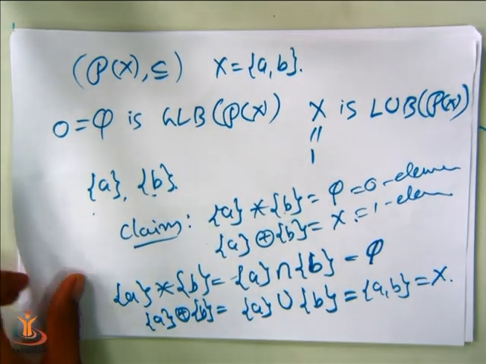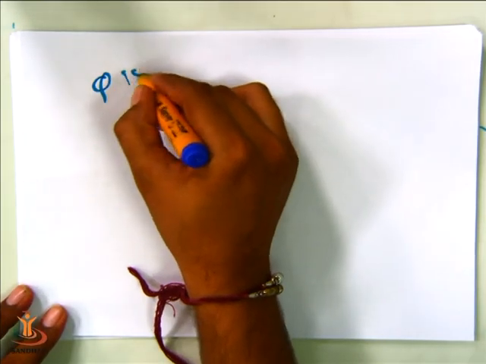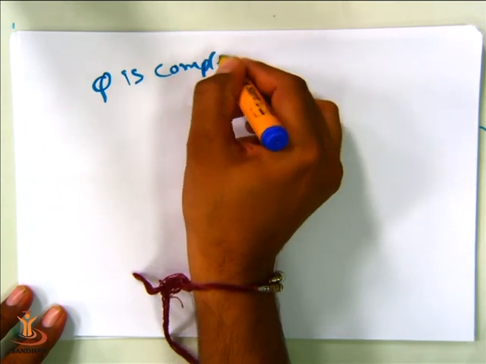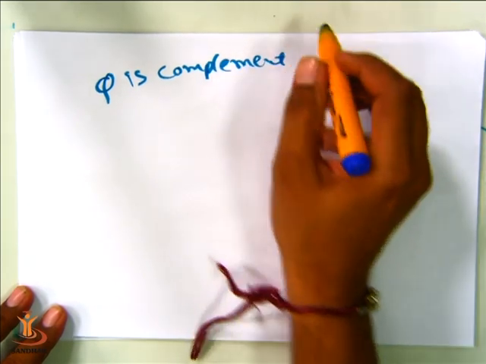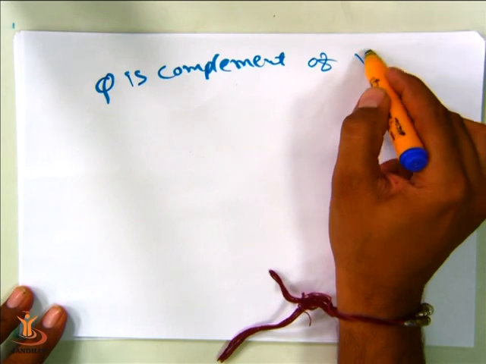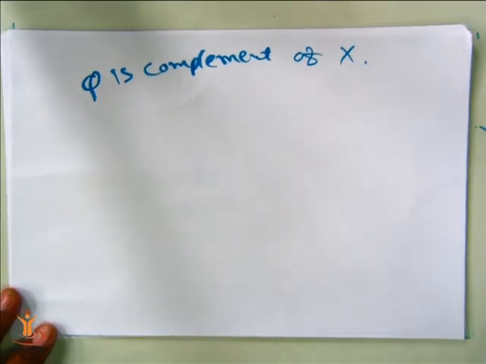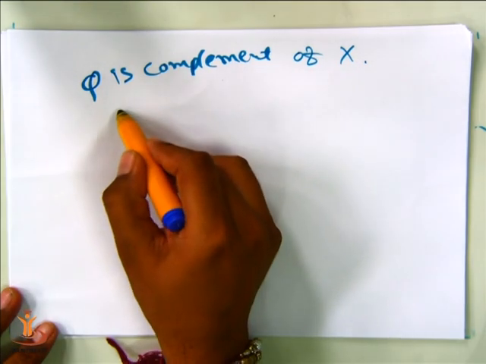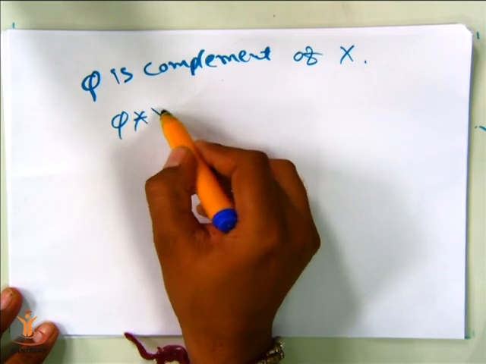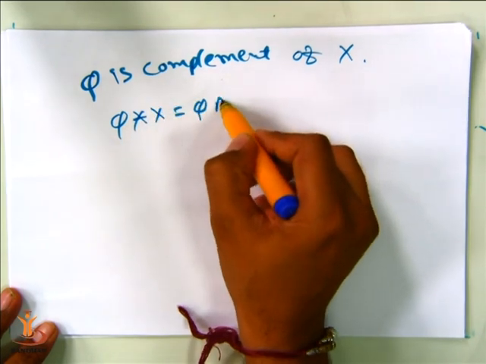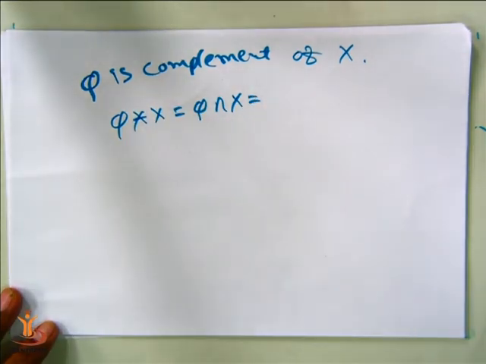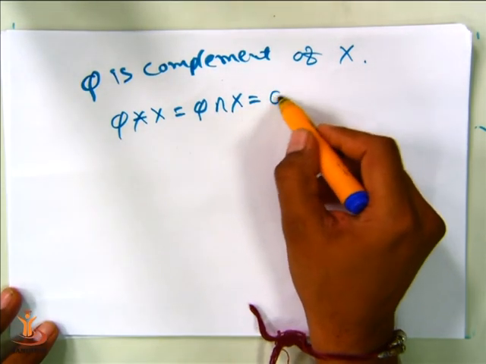This is one example. Another example is that phi is the complement of the whole set X. Now let us see how it is possible. We know that phi star X is equal to phi intersection X, because in the power set of X, star means intersection, and this intersection will be phi.